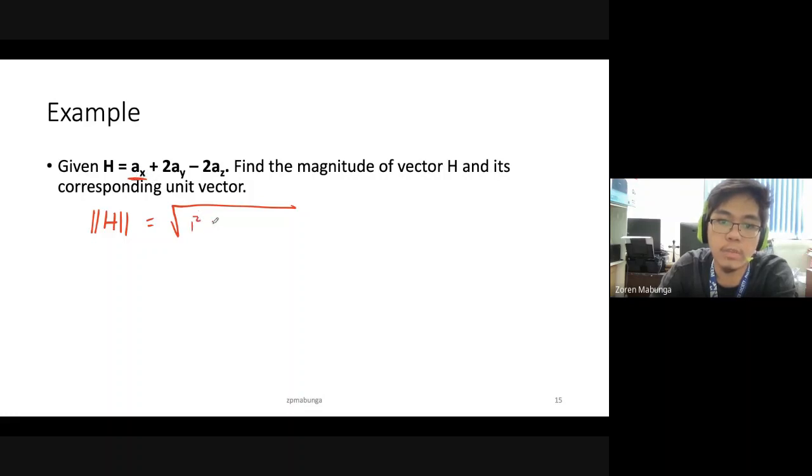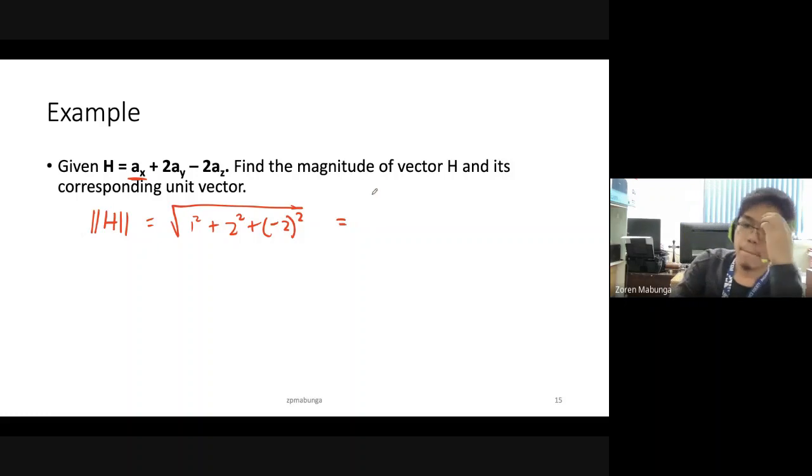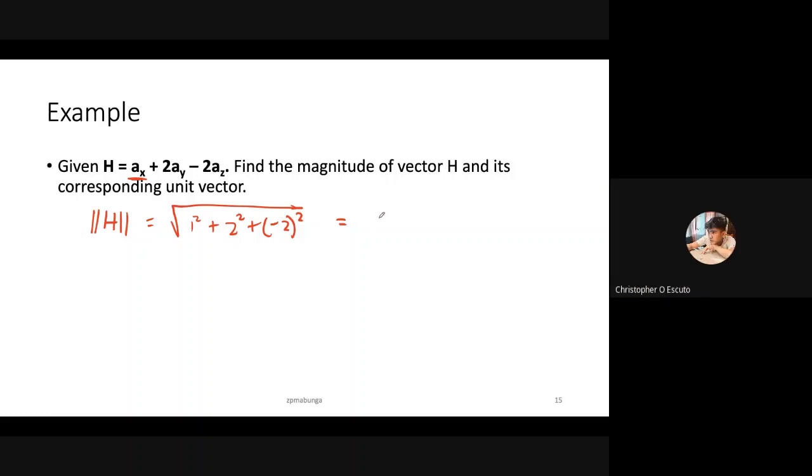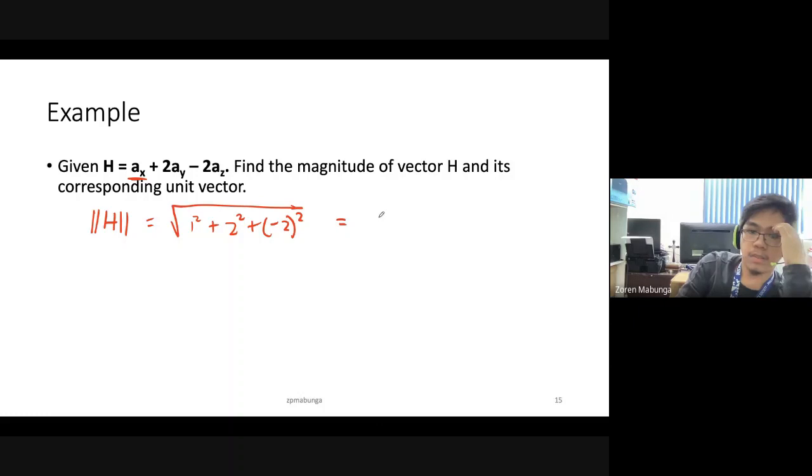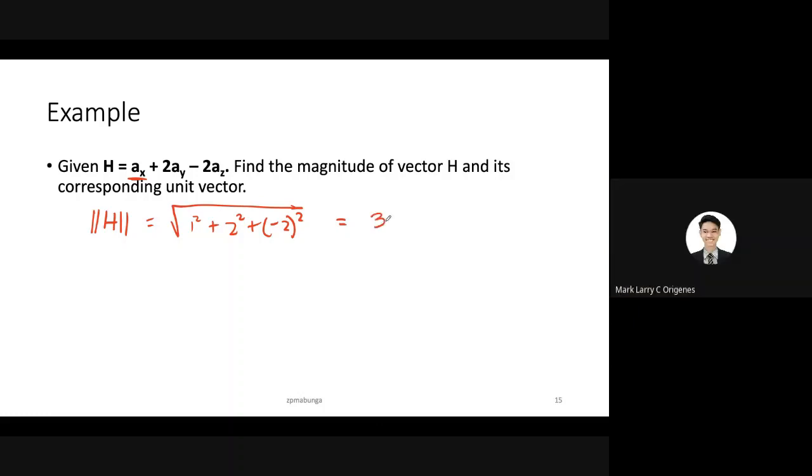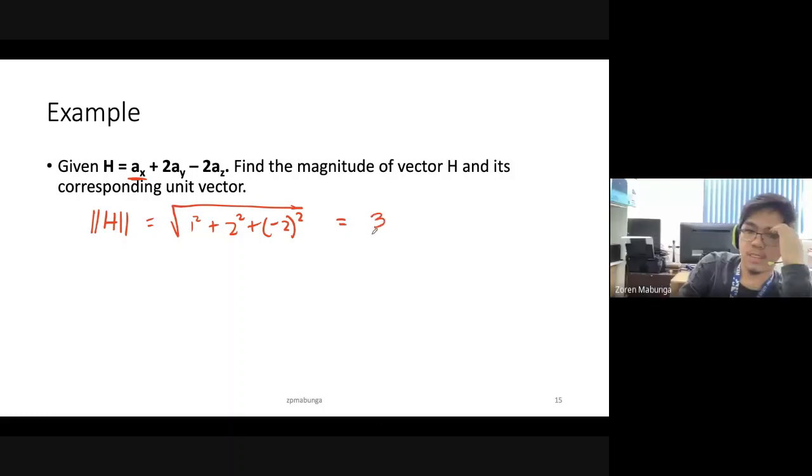So 1 squared plus coefficient ni ay is 2 squared, and then plus negative 2 squared. So ano magnitude ni vector H? Square root of 9, so 3. So 3 will be the magnitude of vector H. May isa ka ng sagot dito, 3.